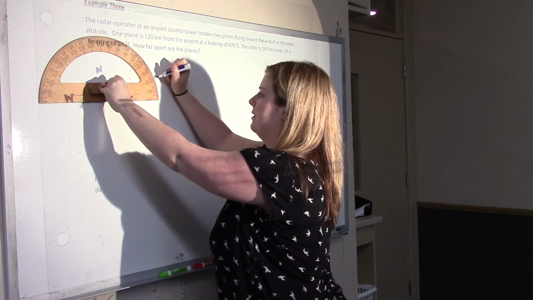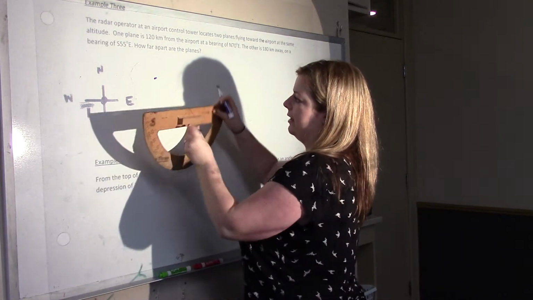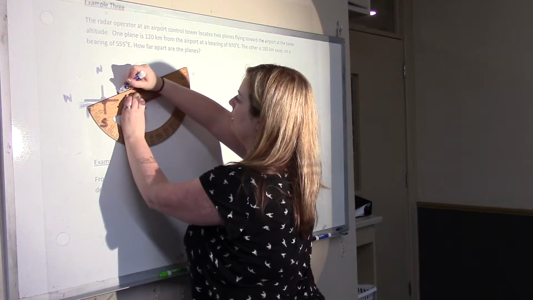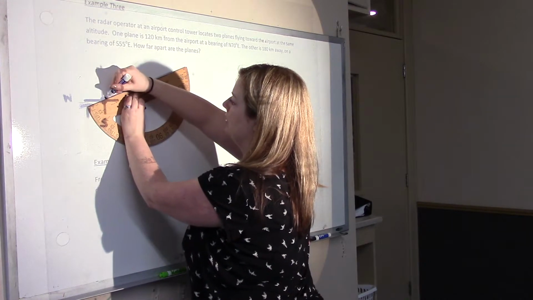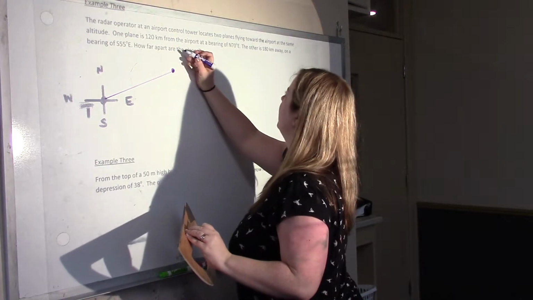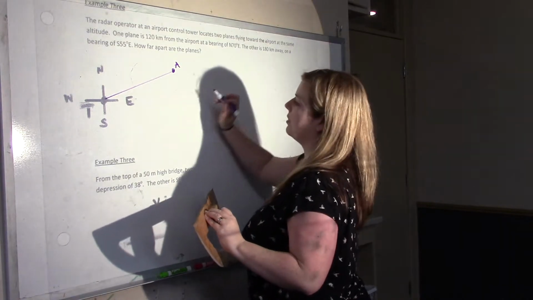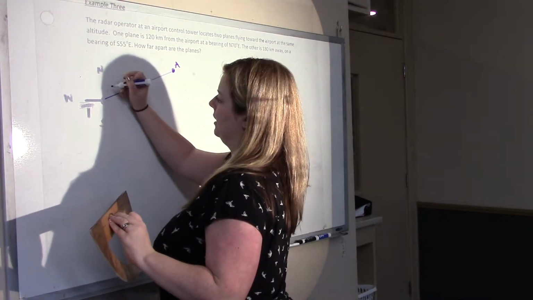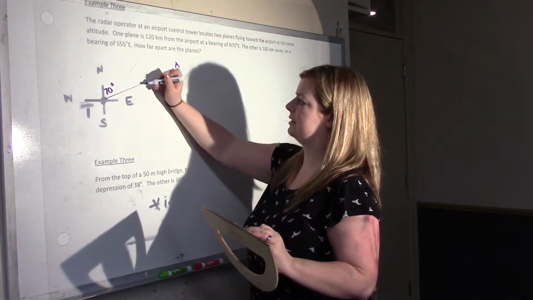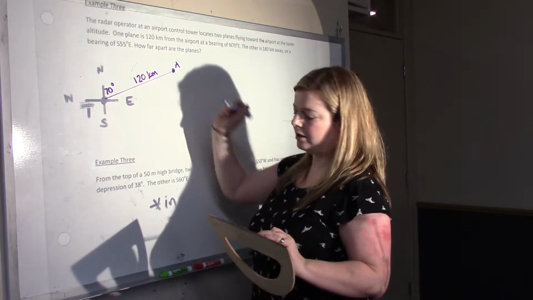So there's the line for the angle I want to use, and I draw a line to show here's the plane. We'll call it plane A. It went north 70, so this is 70 degrees, and it's 120 kilometers long.